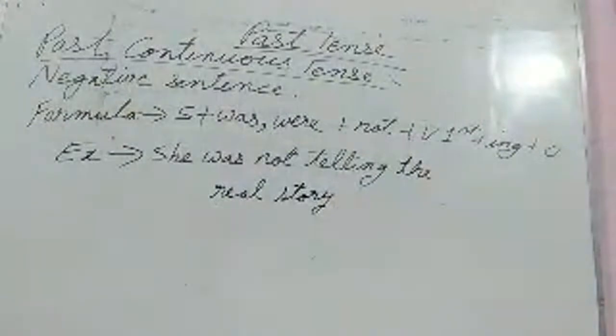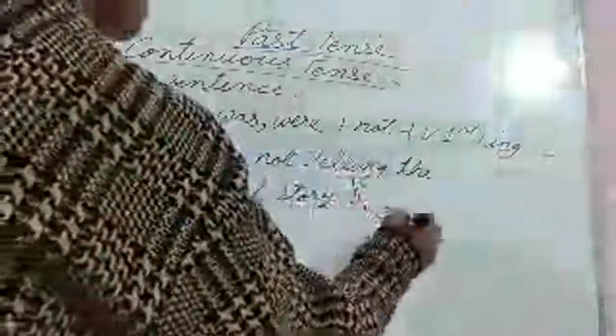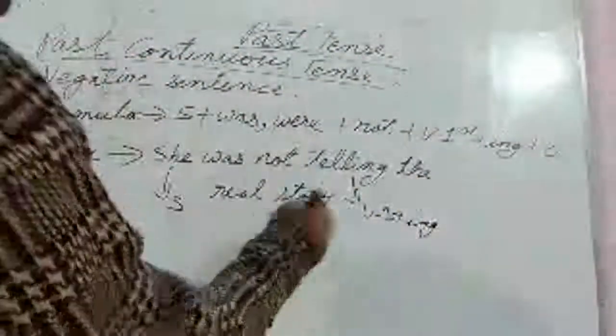The example is: she was not telling the real story. Here she is your subject. Was we are using because the sentence is in past tense. Not because it is a negative sentence. Telling is the verb of first form plus ing, as it is continuous tense. So telling the real story, and story is your object.